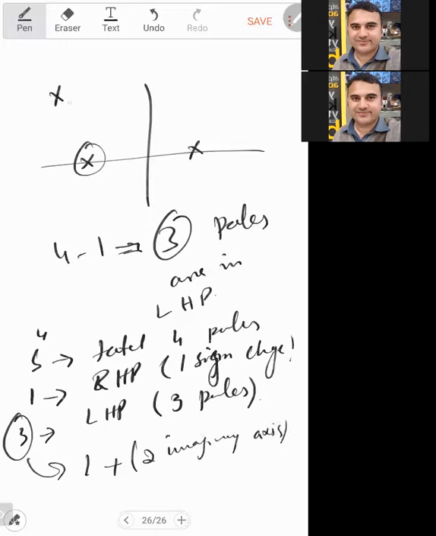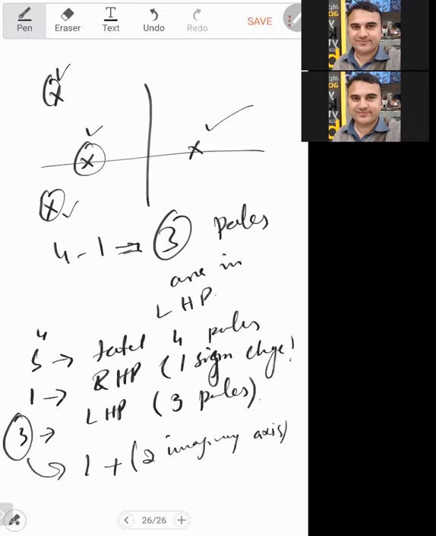It can be anywhere, like this and this one. So we have 2 symmetrical poles. One pole is along the real axis in the left half plane. So we have a total of 3 poles in the left half plane, and one pole is in the right half plane due to the sign change.